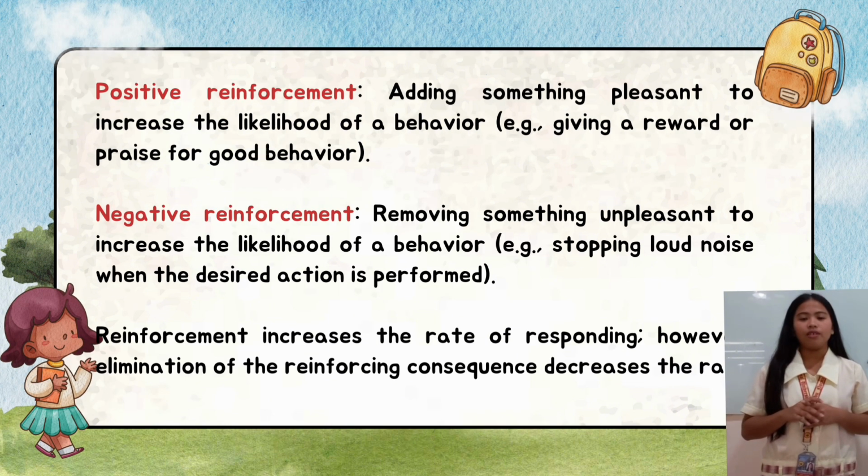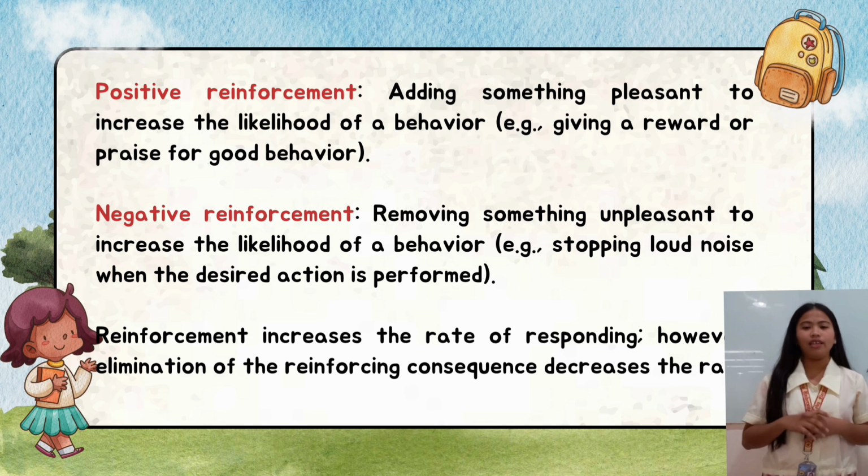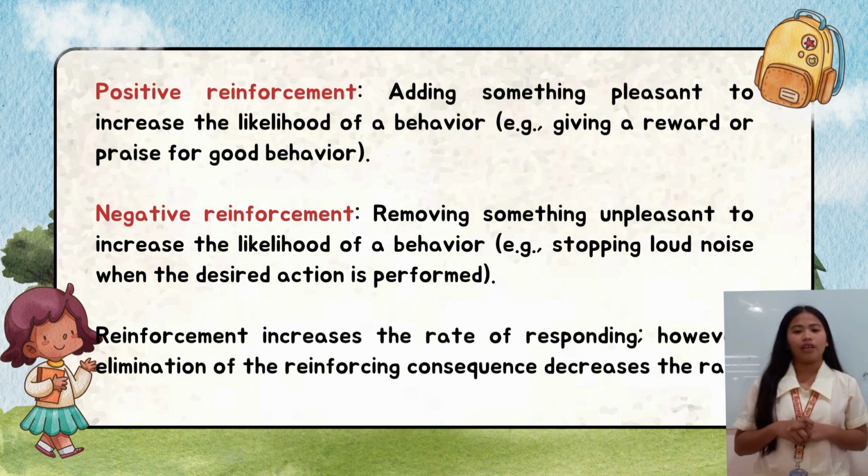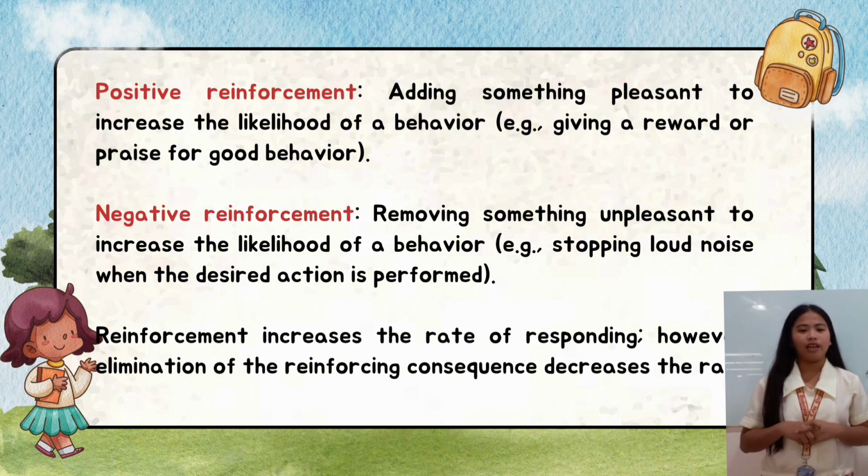Positive reinforcement is adding something pleasant to increase the likelihood of a behavior, for example giving a reward or praise for good behavior. Negative reinforcement is removing something unpleasant to increase the likelihood of a behavior, for example stopping a loud noise when the desired action is performed.